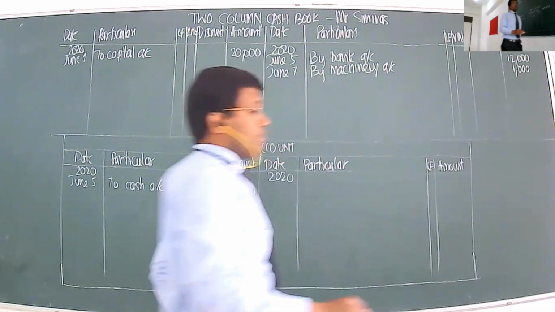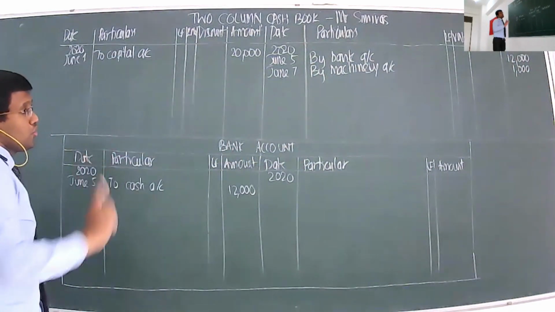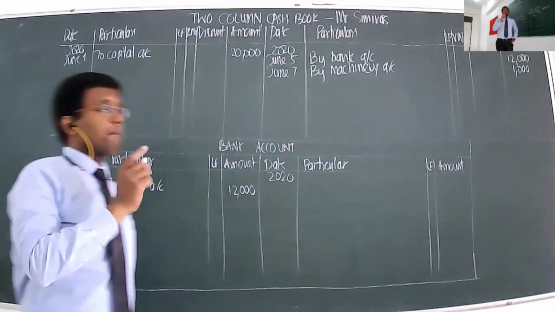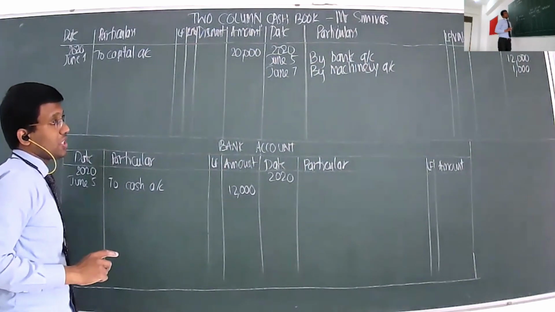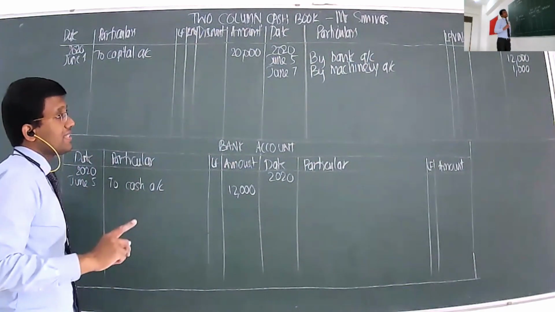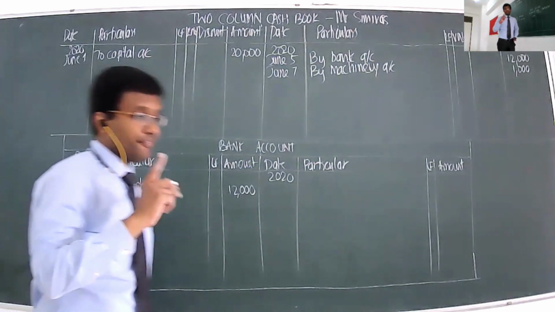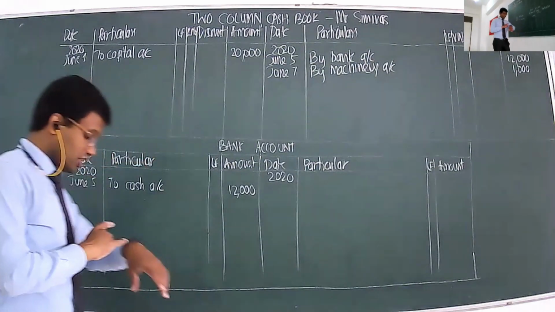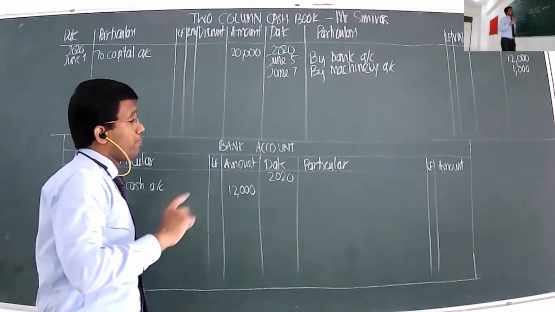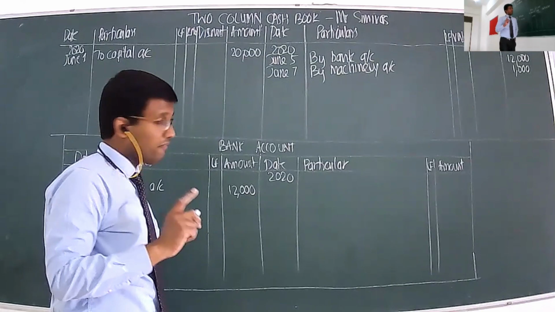You have bought machinery for rupees 1,000. But there is a slight catch with this transaction. How are you processing the payment? You are processing the payment with the help of a check.